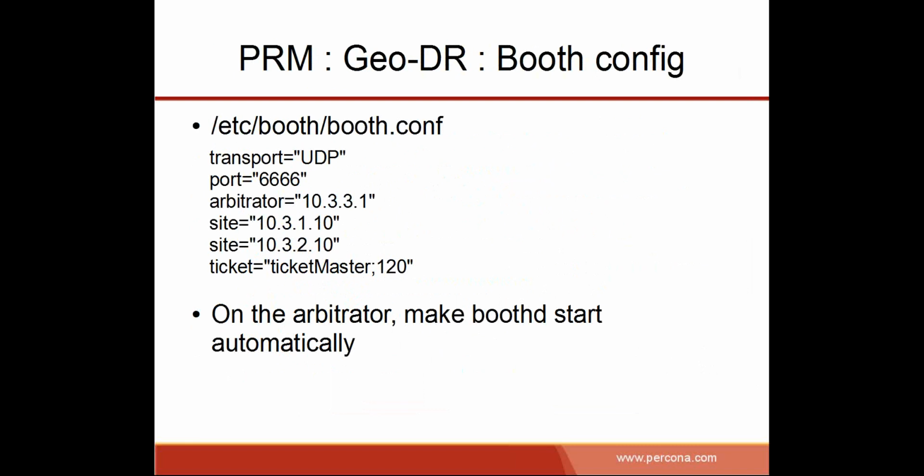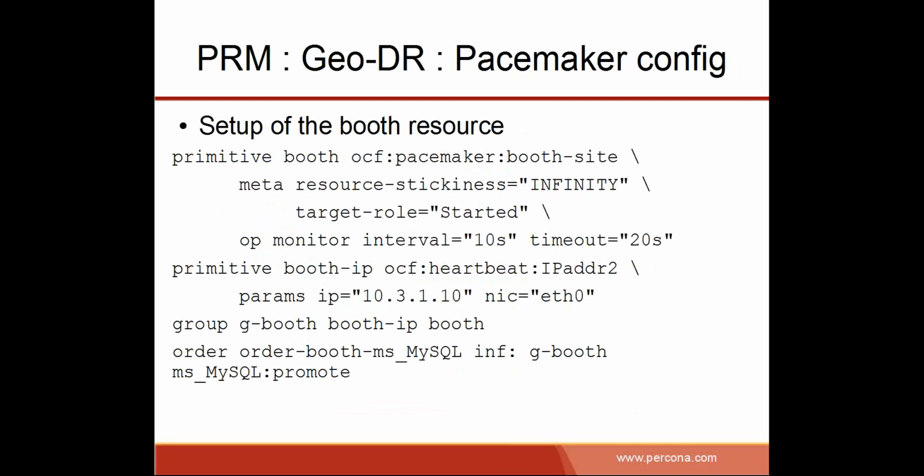On the arbitrator, Pacemaker is not running, so make sure booth didn't start automatically, either with chkconfig or the upstart service on Ubuntu and Debian. And then, okay, it's configured. We need to tell Pacemaker on both database sites to start booth, basically.